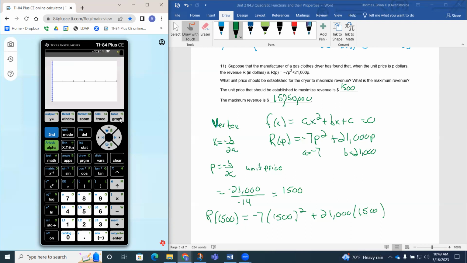If I now graph it, I don't see anything. But if I go to the table now, what I could do is a table set and maybe start at 500 and make the change in my table go by, say, 500. Now in my table, notice that we're kind of seeing things a little bit more clear, but these numbers get really crazy because of scientific notation.